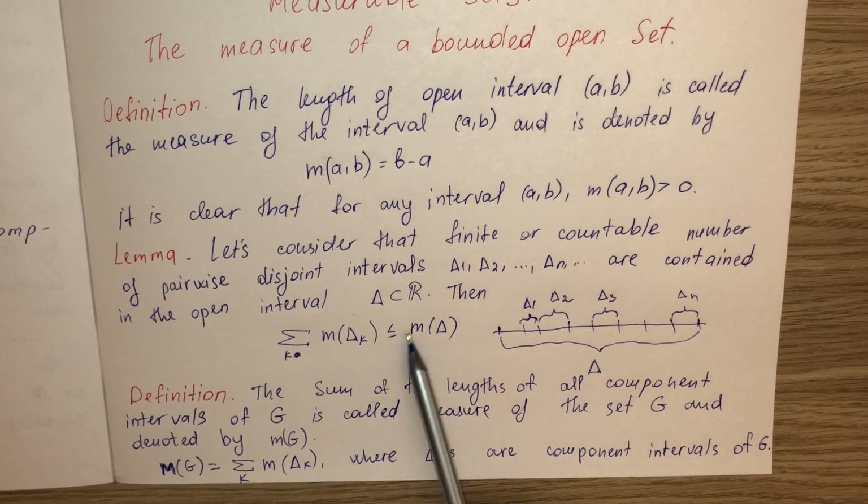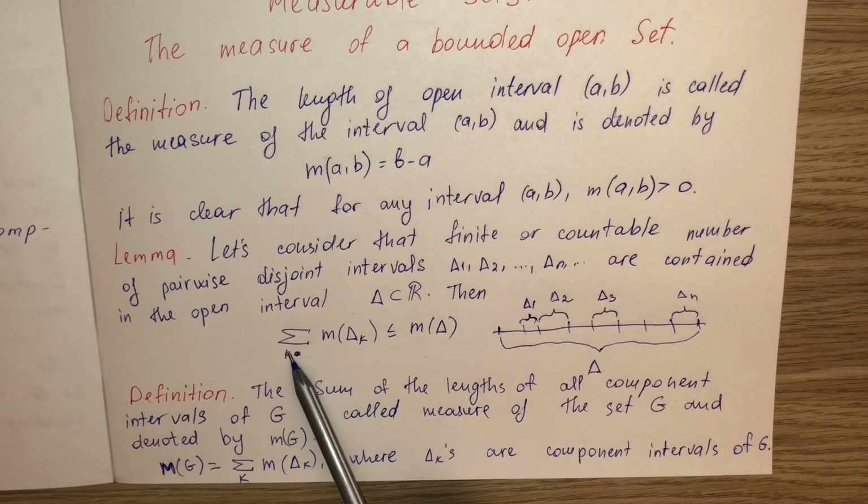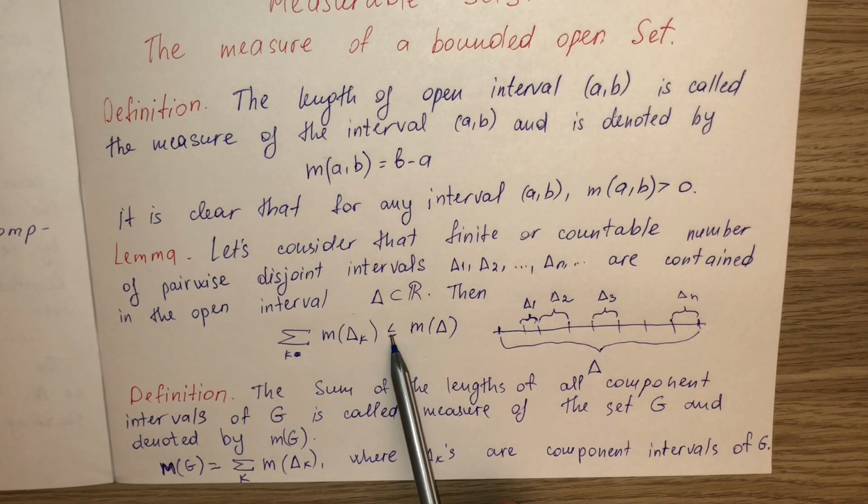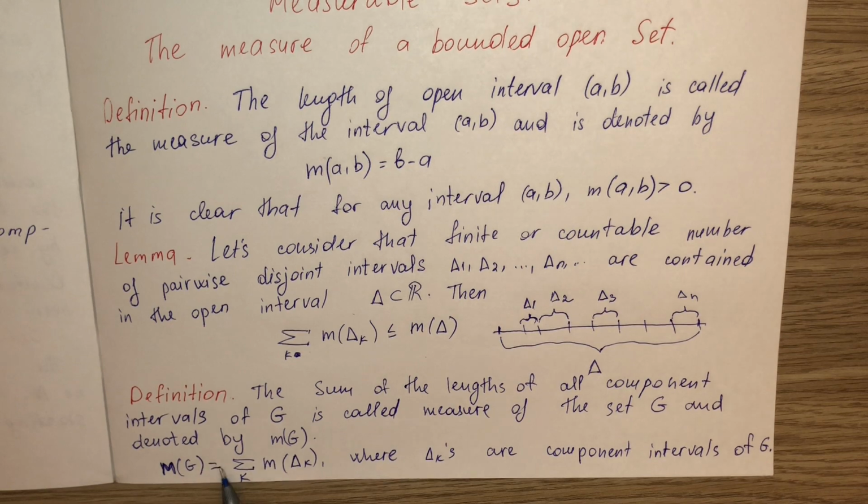Look at the difference. Here the sum is less than or equal to m(delta), but here m(G) is equal to the sum of m(delta k).